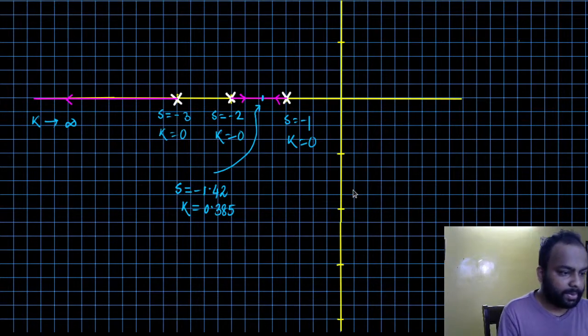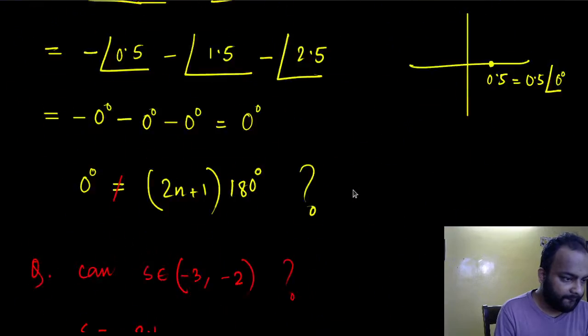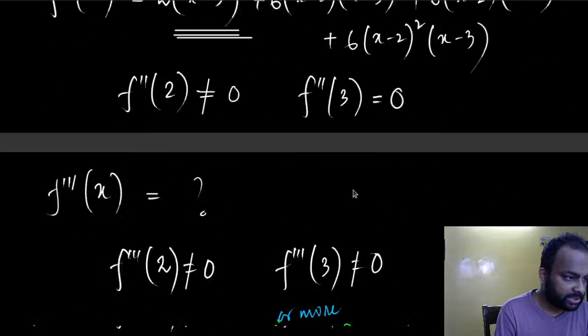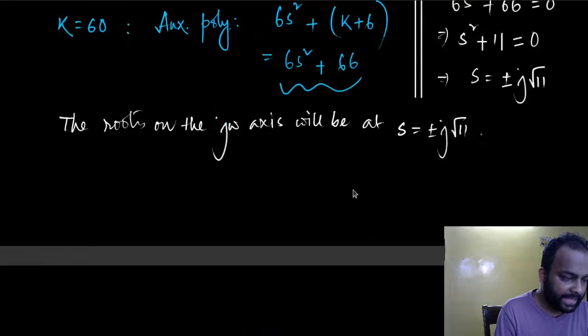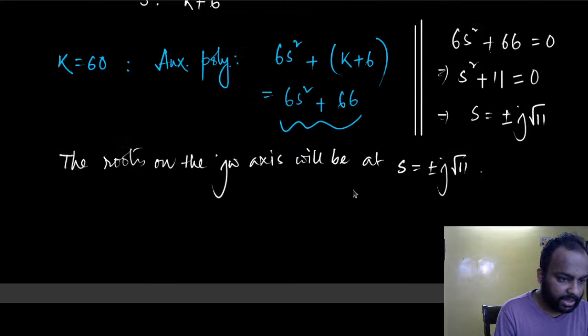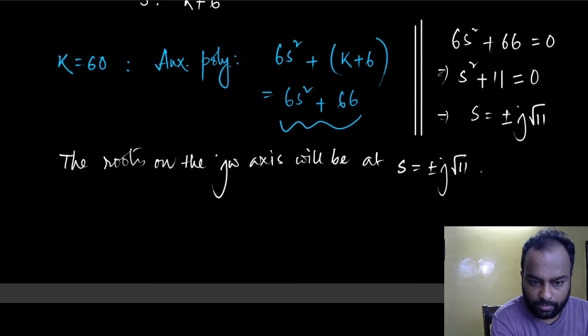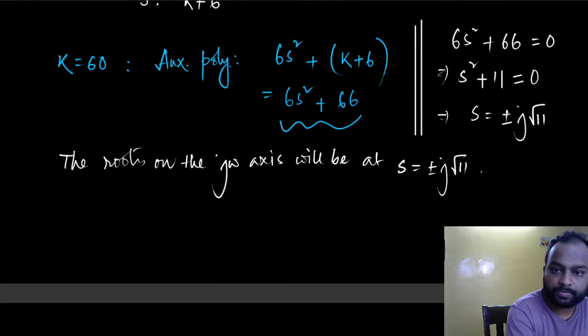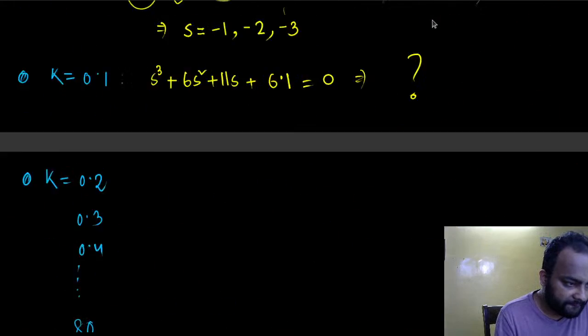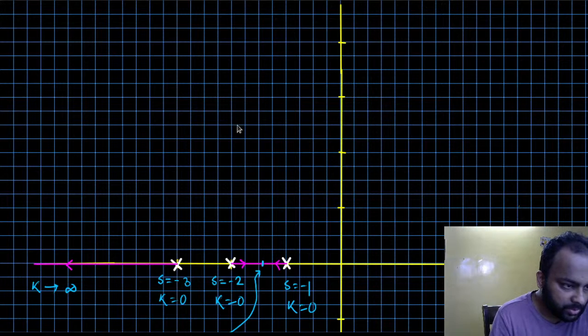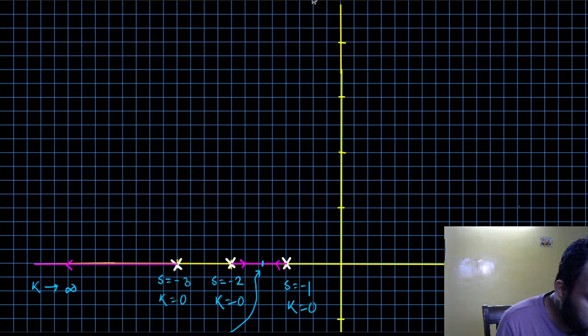All right, and what about the geometric axis crossing? We know that the geometric axis crossing happens at gain 60 and the points are, what was the exact value? It was root over 11, right? Root 11, 3.32 approximately. So if that is 3, then this is 1, 2, 3.